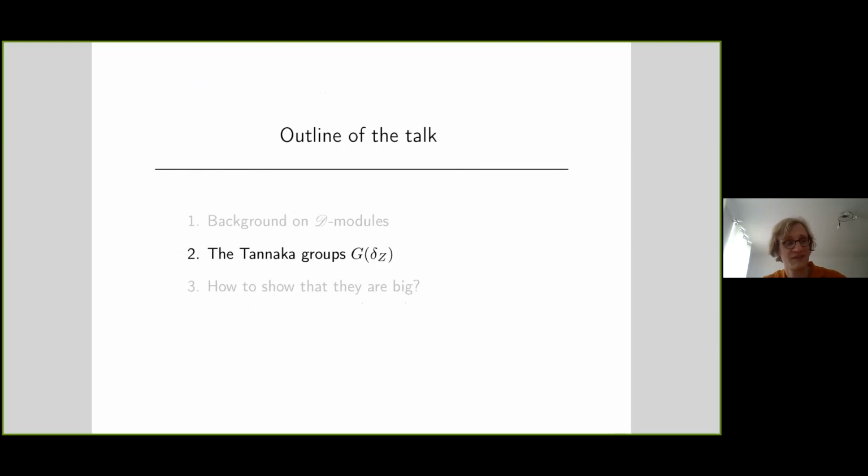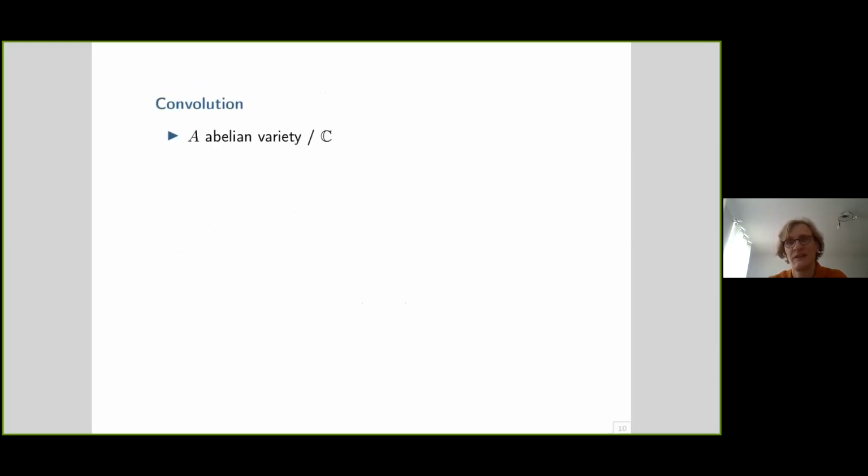Okay, so this brings me to the main part of the talk. So let's look at this Tannaka group. So now we specialize to the case where the ambient variety is an abelian variety, say over the complex numbers. Then when you have two holonomic D modules on A, you get a holonomic D module on A times A by just taking the box product.